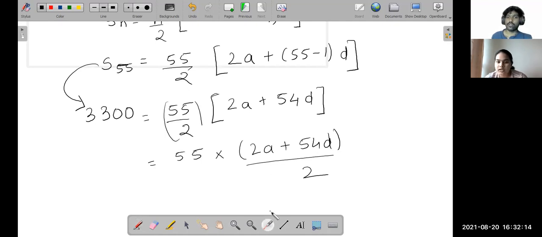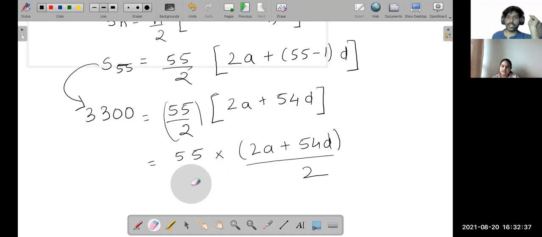When you multiply it inside the bracket, you have to multiply it to both the terms. Okay. Let's take the 2 that side.